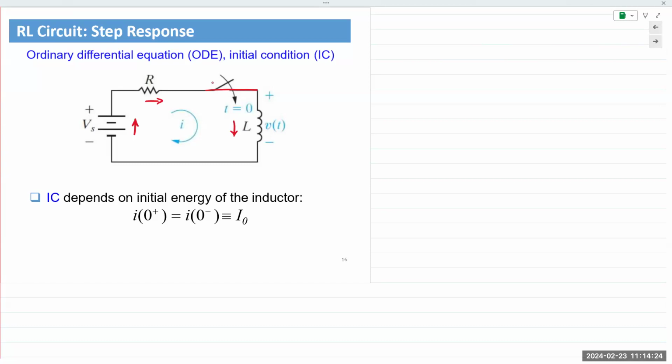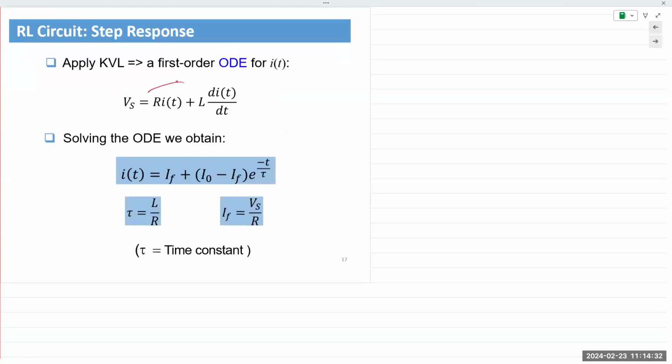Similar to the natural response circuit, to find an expression for IL, we apply KVL and you obtain the exact same expression. Except in this case, because there is a source present, the sum of the voltages does not equal 0. They equal the source voltage Vs. So this is VR and VL.